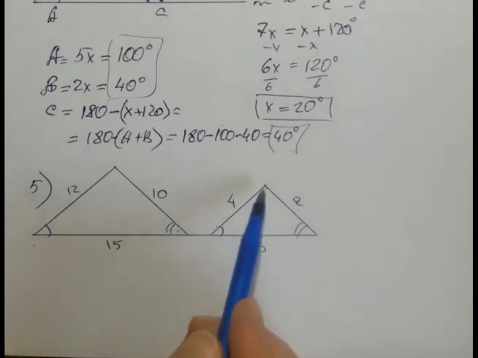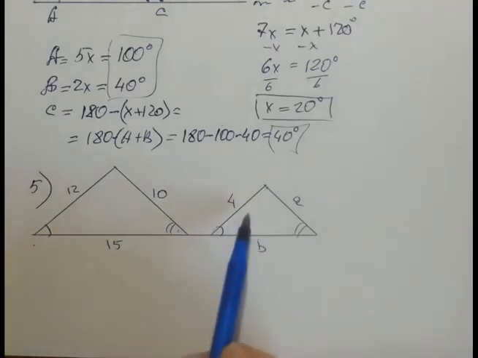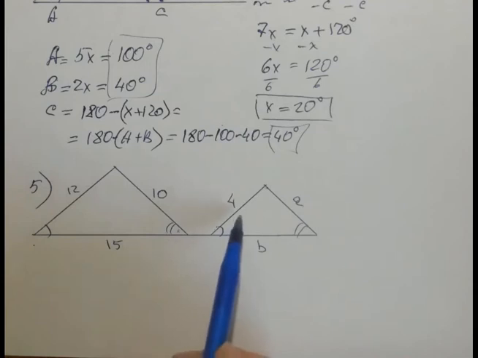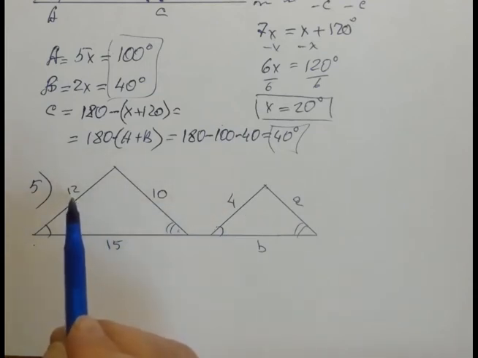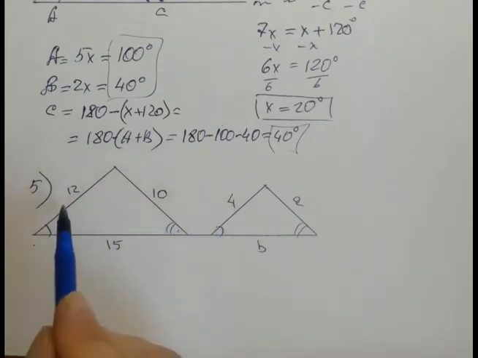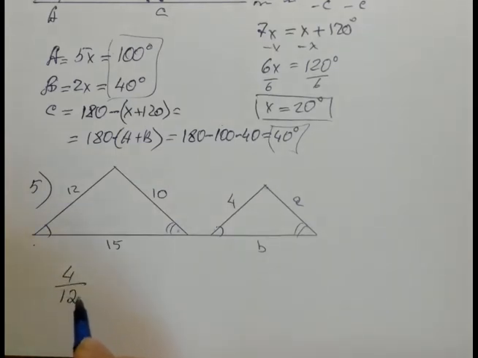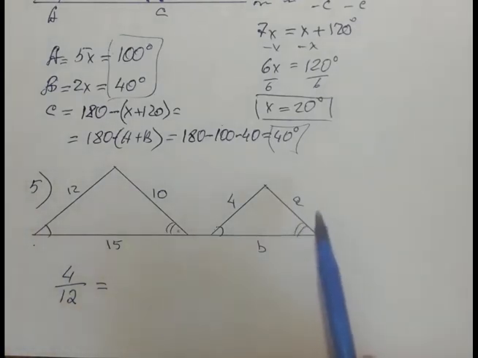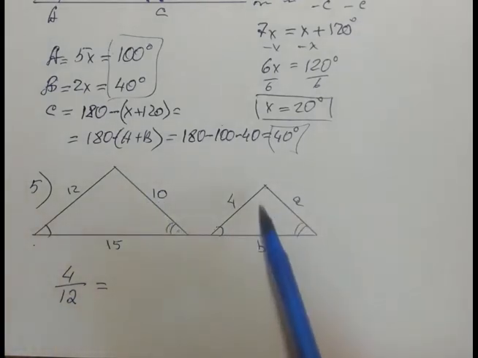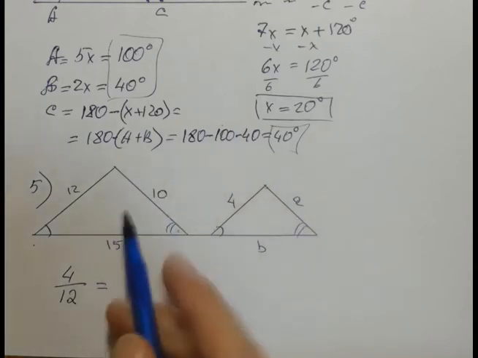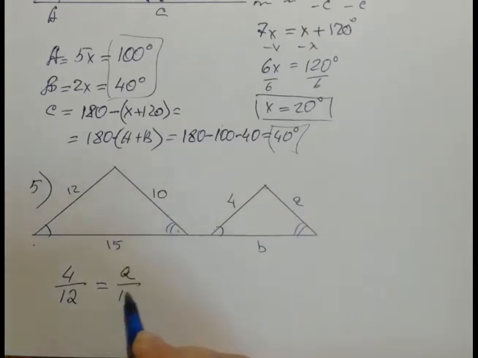We have one pair of corresponding sides that are both known to us, 4 and 12, or 4 over 12. The same proportion will hold for the other sides, A and 10, or B and 15.